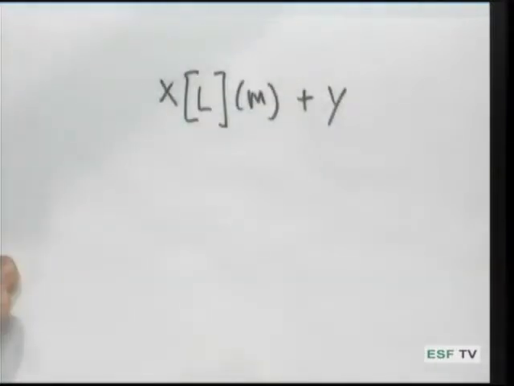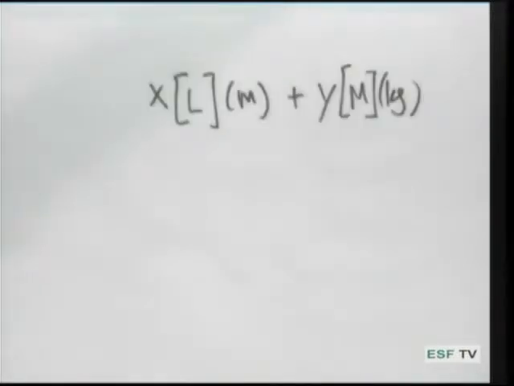And so, for example, if you're talking about an operation where you have a quantity x that has a dimension of length measured in meters, you cannot take that quantity and add it to a quantity y that has a dimension of mass that's measured in units of kilograms.